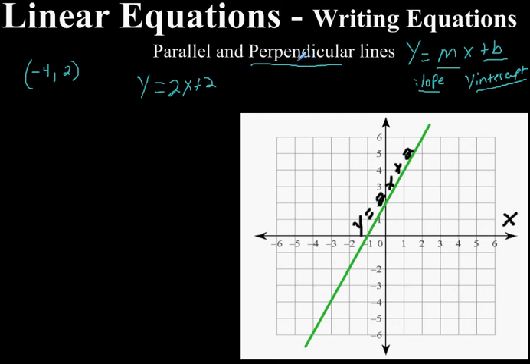Perpendicular lines make 90-degree angles. So let's graph a line that passes through -4, 2. Where would that be? Right there, -4, 2, and is perpendicular to our made-up line. So it's going to do this, and a perpendicular, 90 degrees.